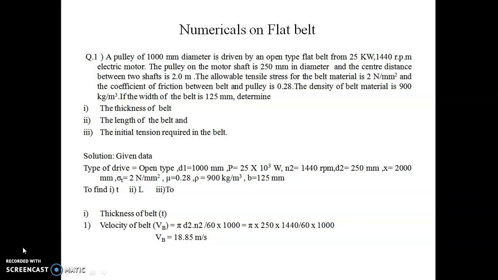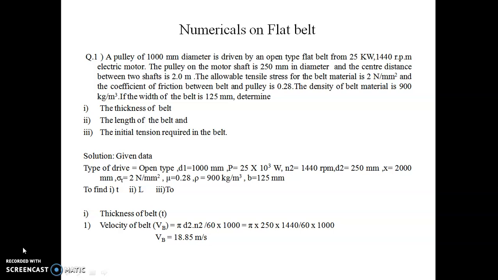The allowable tensile stress for the belt material is 2 Newton per mm square and the coefficient of friction between belt and pulley is 0.28. The density of belt material is 900 kg per meter cube. The width of the belt is 125 mm. Determine first the thickness of belt, second the length of belt, and third the initial tension required in the belt.